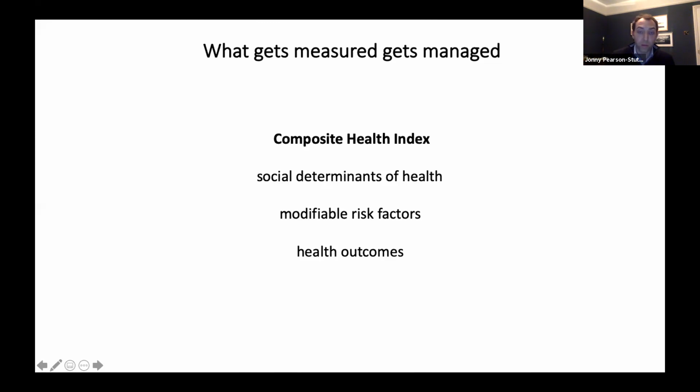So what we proposed with this was a composite health index, so that the health of the nation or of a given population isn't just the life expectancy they have or the cancer survival rates. It's tracking a bit further upstream, to say that all of these components lead to the health of an individual and of a population today, but also 10, 20, 30 years down the line.